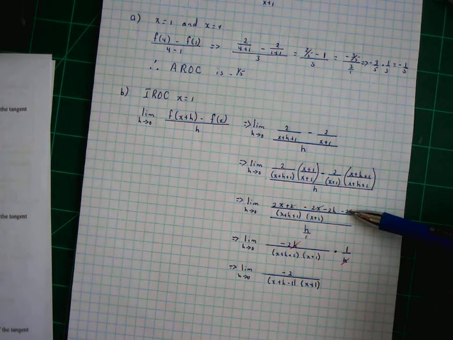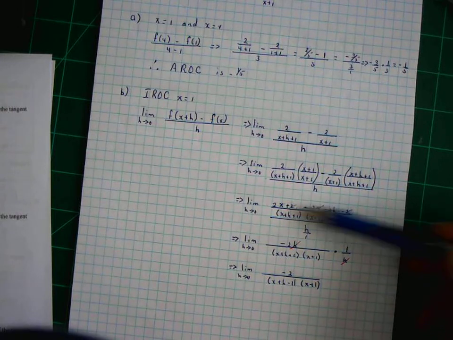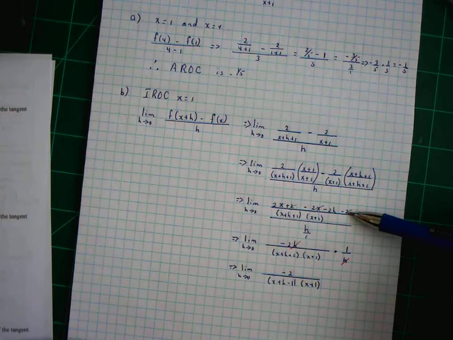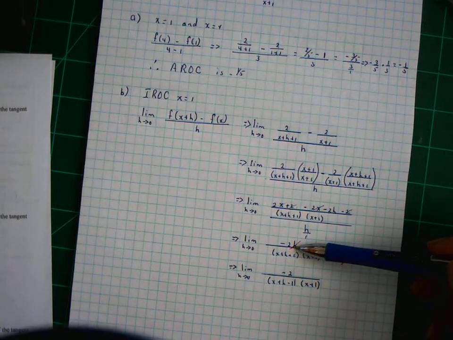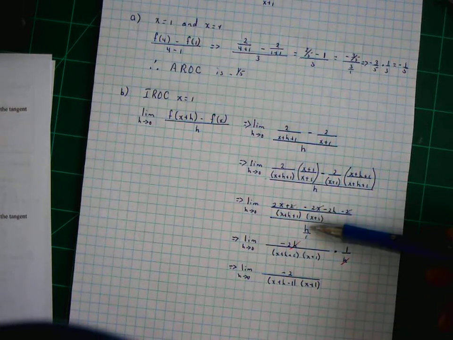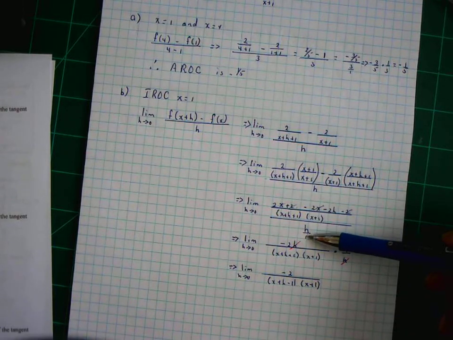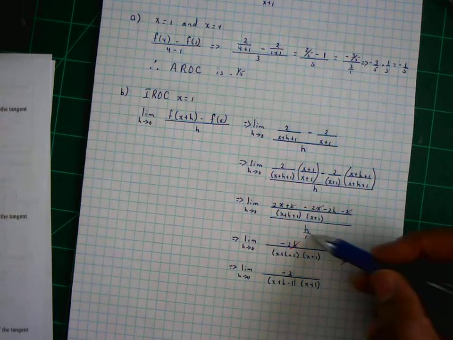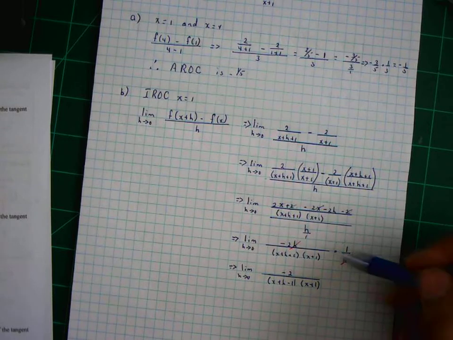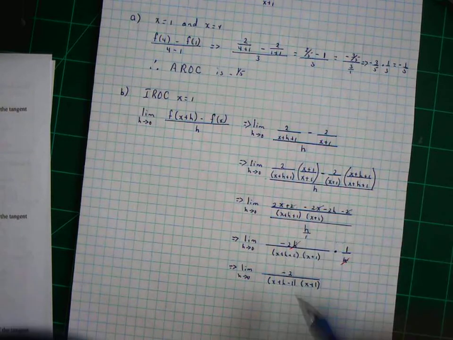And then I clean up the numerators here. 2x minus 2x is 0, 2 minus 2 is 0, and I'm just left with a negative 2h. That's what this is. Now this is all divided by h, and I wrote this as h over 1 because it's an improper fraction. Now to simplify it, I have to invert the denominator and multiply, so I flip this to 1 over h. The h's cancel out, and then I'm left with this.